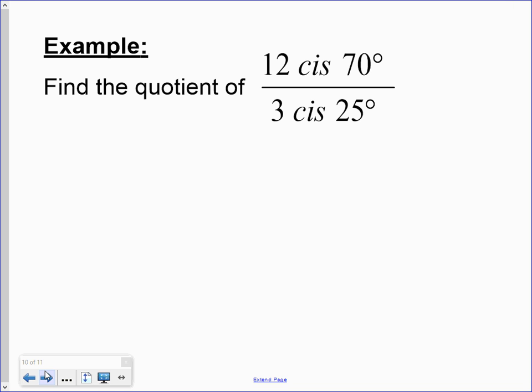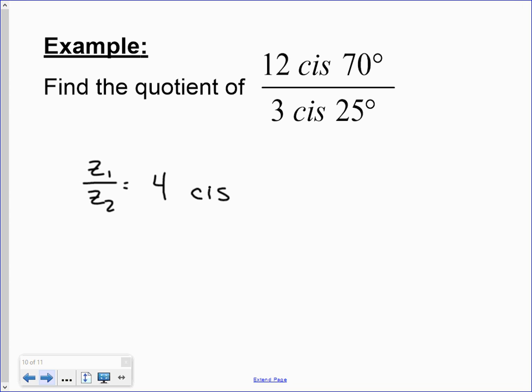Since they're already in trig form, I can go ahead and use my formula for the quotient of two complex numbers. I'm going to divide my modulus for each, so 12 divided by 3 is 4 cis. What do I do with those arguments?